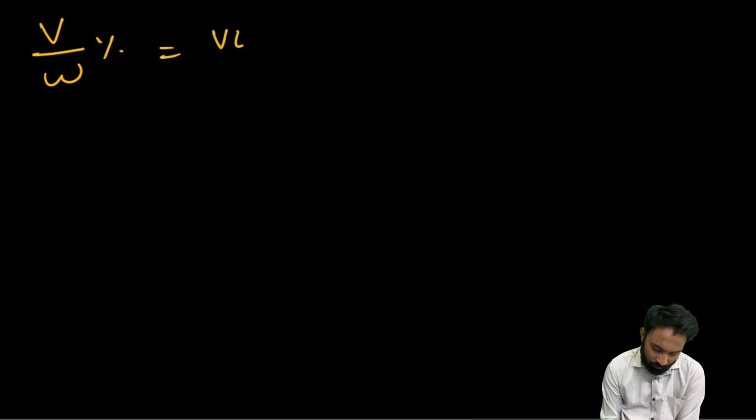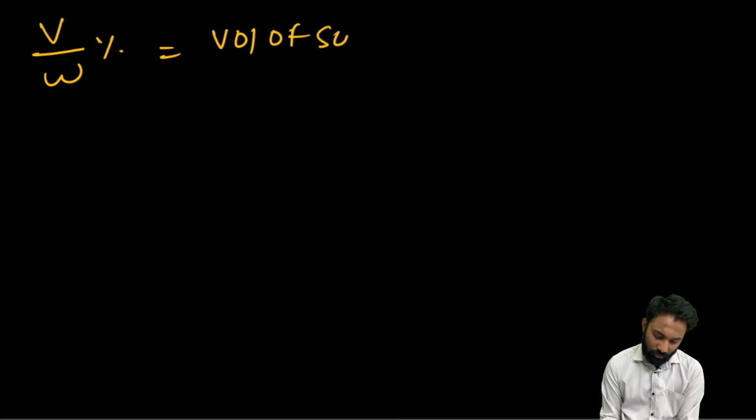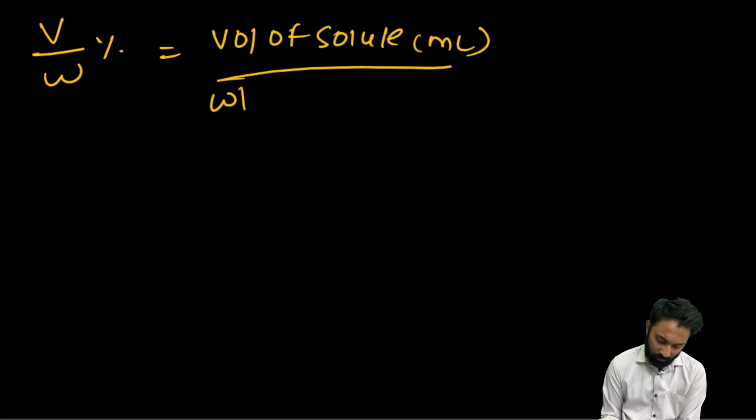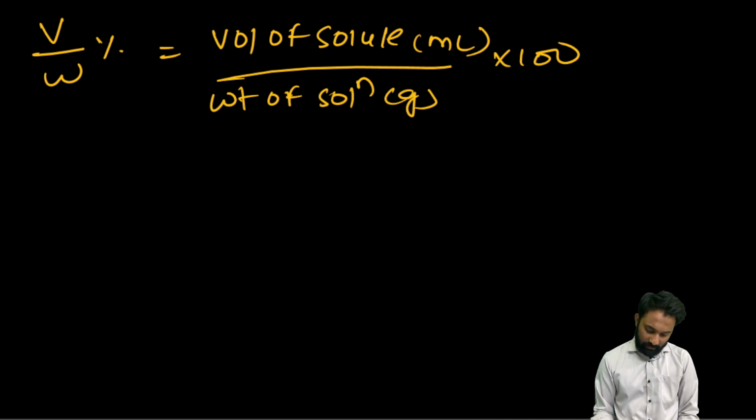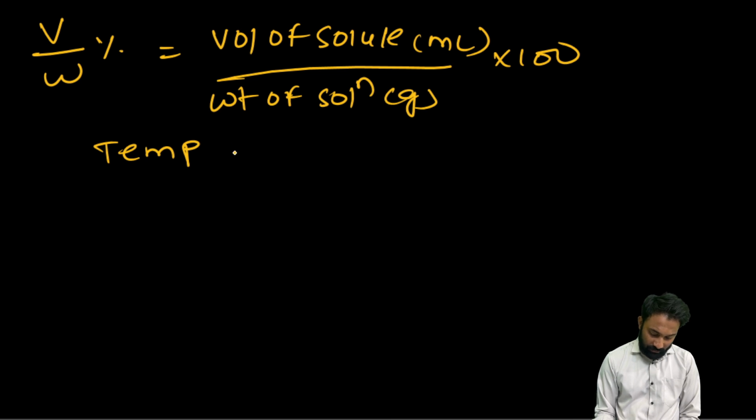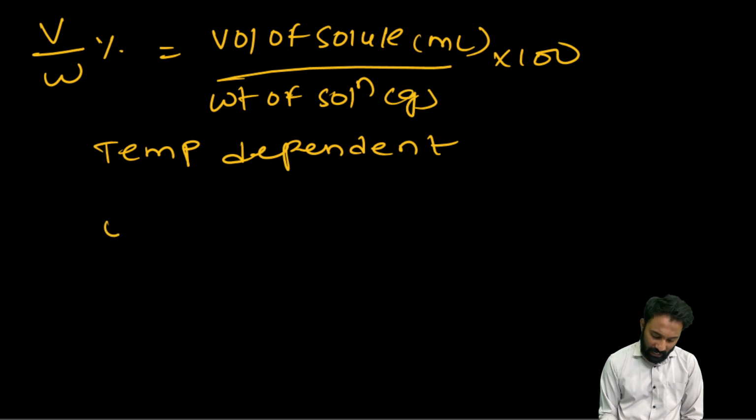That is volume of solute in ml by weight of solution in grams into 100. Done. This is temperature dependent, because we have the volume term, right? If they ask, the units will be ml per gram.